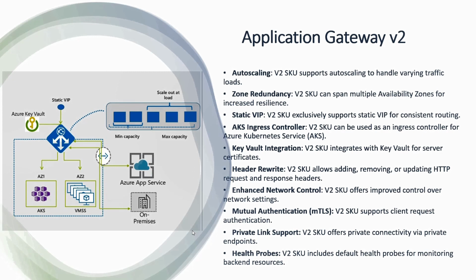Once the user certificate is accepted and trusted by application gateway, then the connection is established between user and application gateway. It's like an added layer of security. Version 2 also supports private endpoint support and health probes. Application gateway constantly monitors the health of the backend servers, and the routing of the traffic happens only to the healthy backend servers. It prevents packet loss.